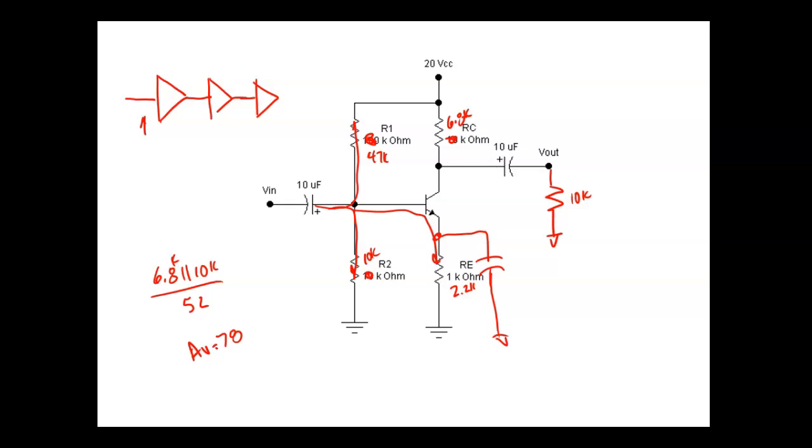Okay, so here's what we're going to expect on Zn. Zn or Rn would be equal to R1 in parallel with R2 in parallel with beta, which we're going to use 100, times Re. So we dropped our input impedance down a lot by bypassing that.